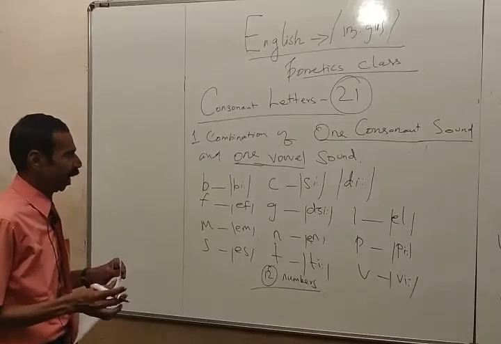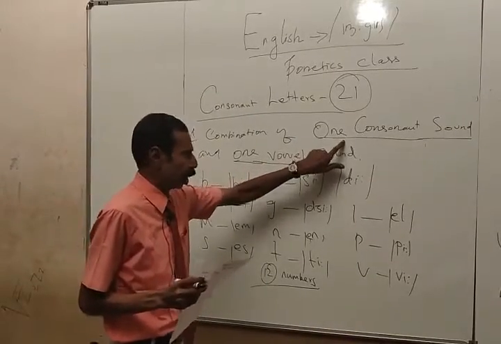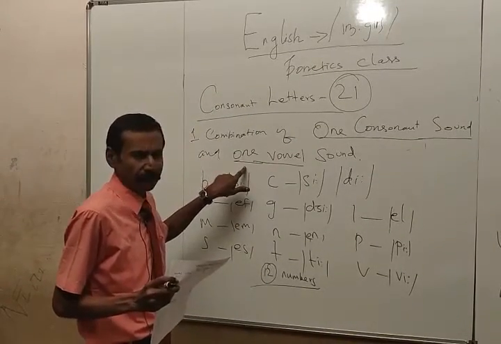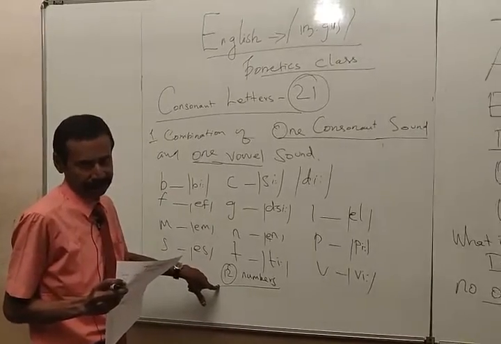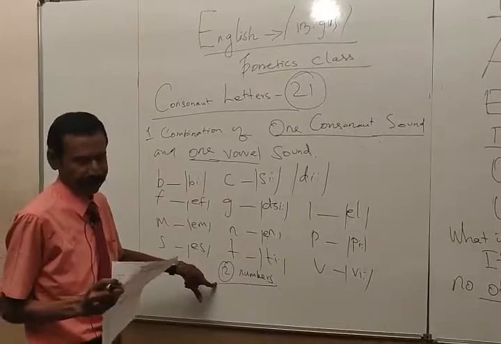This combination having one consonant sound plus one vowel sound holds 12 letters in the phonetic way.